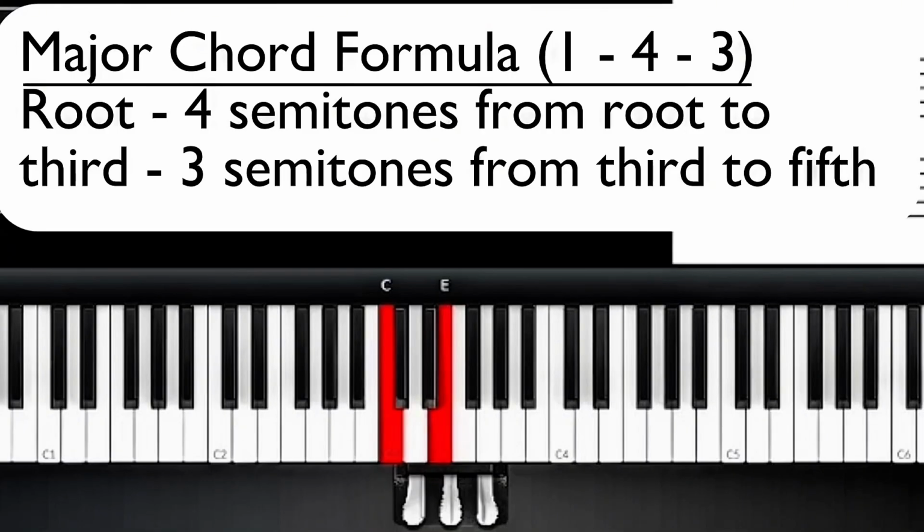Our formula says 3 semitones from the 3rd to get the 5th. So let's count. From this note, the next adjacent note will be this. So that's 1. Then our next semitone from here, 2.